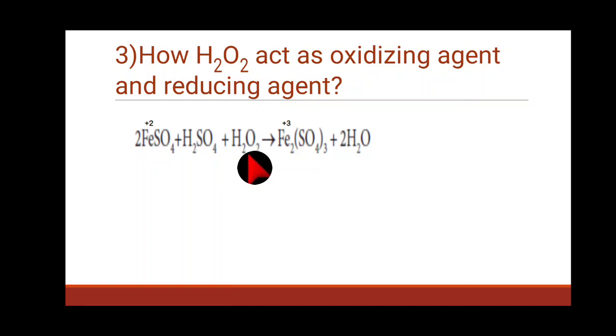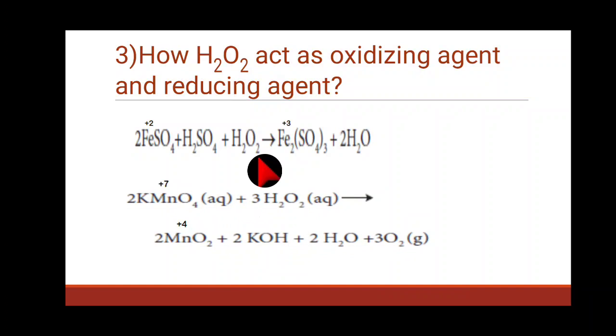When hydrogen peroxide reacts with ferrous sulfate, it turns to ferric sulfate. Here the ferrous oxidation state is plus 2, and on the product side the iron oxidation state is plus 3. So ferrous turns to ferric. It is done by hydrogen peroxide. So in this equation, hydrogen peroxide acts as an oxidizing agent.